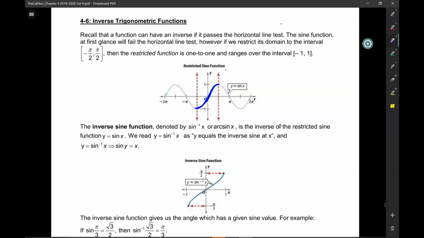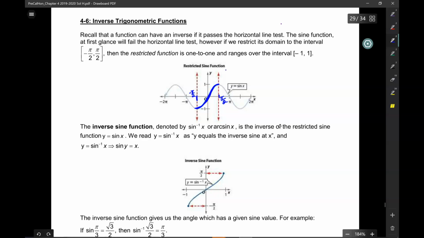So in the world of the inverse function, anything to the left and right of that blue part does not exist. What does exist? Everything from negative pi over 2 to pi over 2.